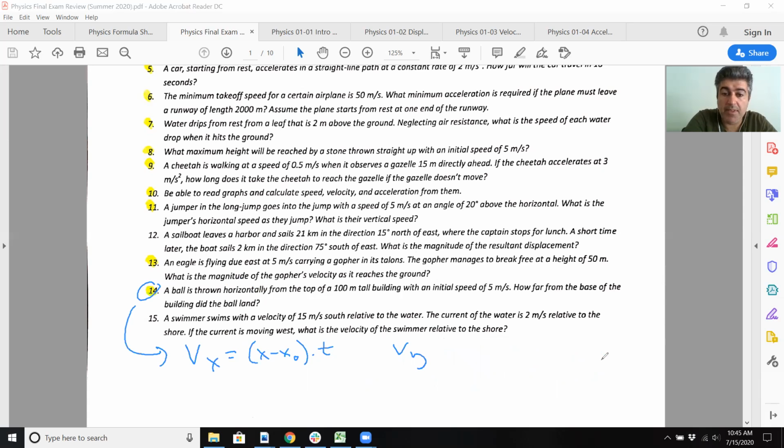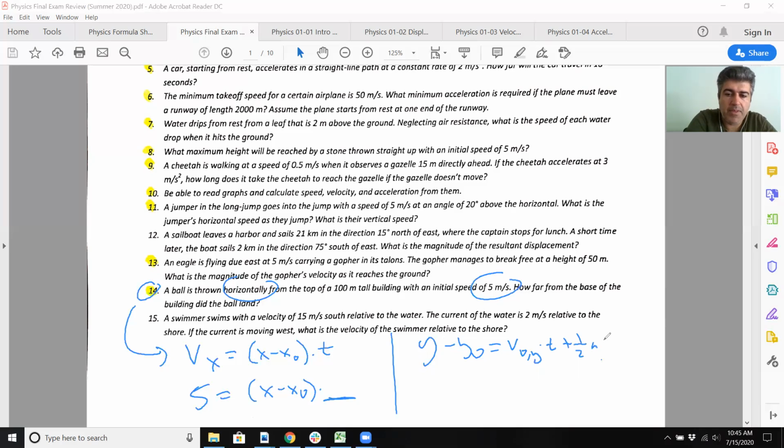What I do want to do is find the time, because I do know the horizontal velocity is going to be 5. That stays the same. I want x minus x0, how far it travels, but I do need time. So I'm actually going to use this formula instead. y minus y0 equals v0 in the y direction times time plus 1/2 a t squared.